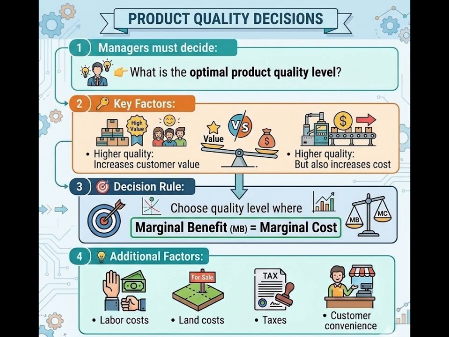What are product quality decisions? Higher quality increases customer value but also increases cost. So, what rule we use for decision making? Same again, MR equal to MC. So, MR in terms of quality is equal to MC in terms of quality. Marginal revenue equal to marginal cost.